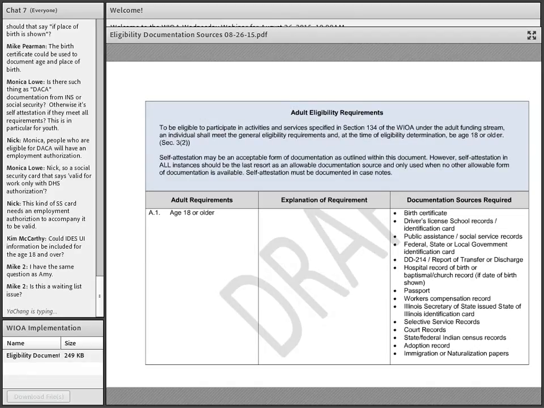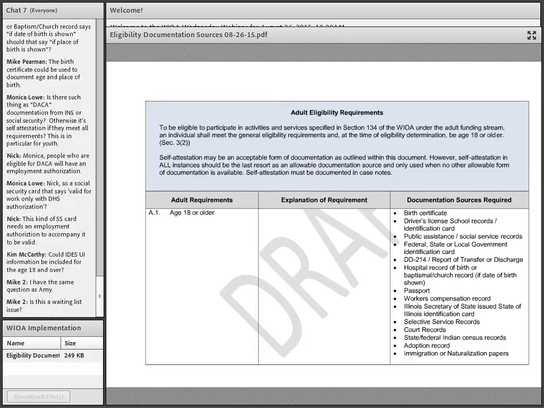Yeah, and Kim brought up another issue for identifying: can IDs verify the age of 18? And again, we're looking at some of these comments on the left, and we will make sure we look at all of them at the end of this webinar before we publish. If we think there's something that should be added to the list because it is a viable source of documentation, we'll add it, especially sites like E-Verify or SAVE.